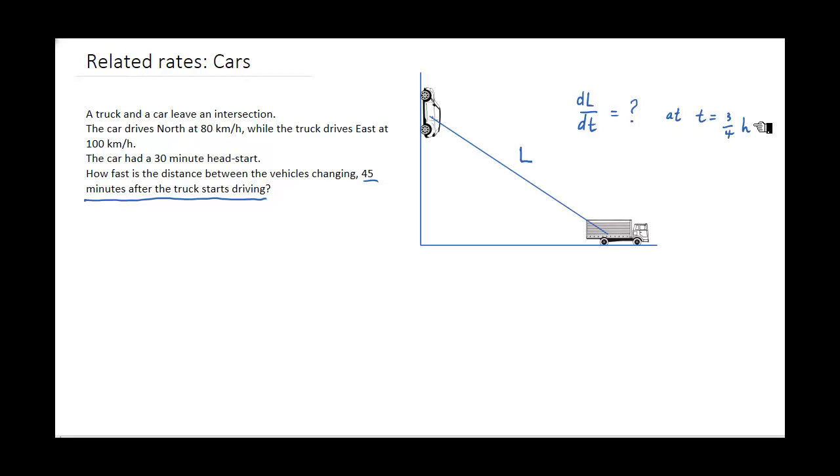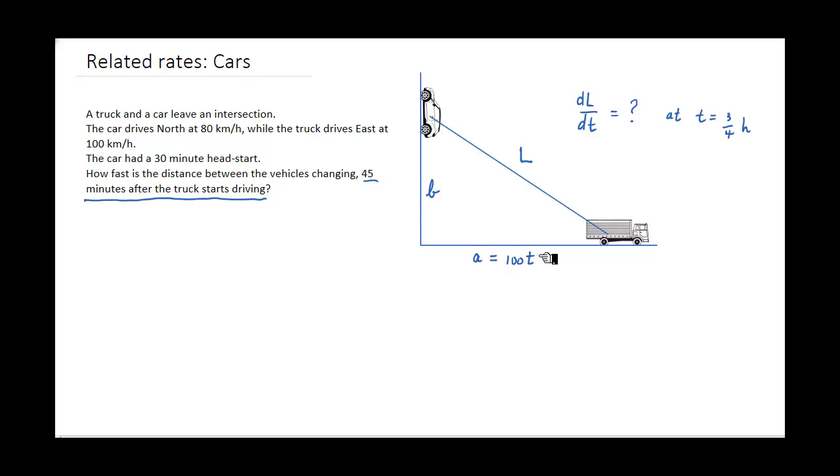Let's label the distances away from the intersection as A and B. So the distance the truck has driven away from the intersection is A equals 100t, because it's driving at 100 kilometers per hour.